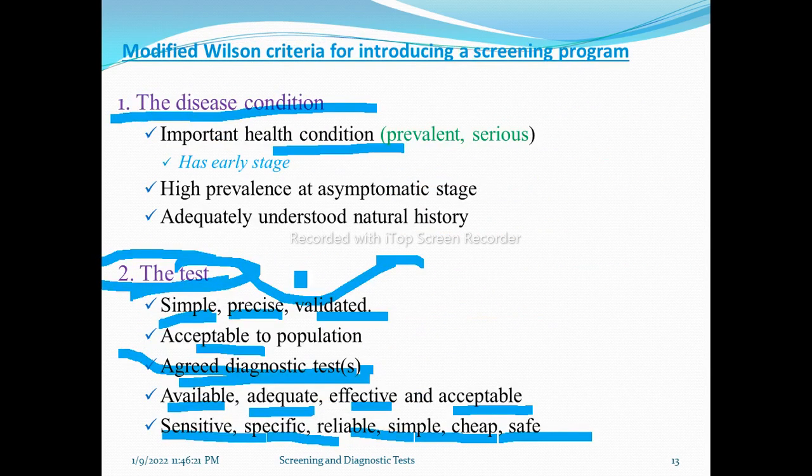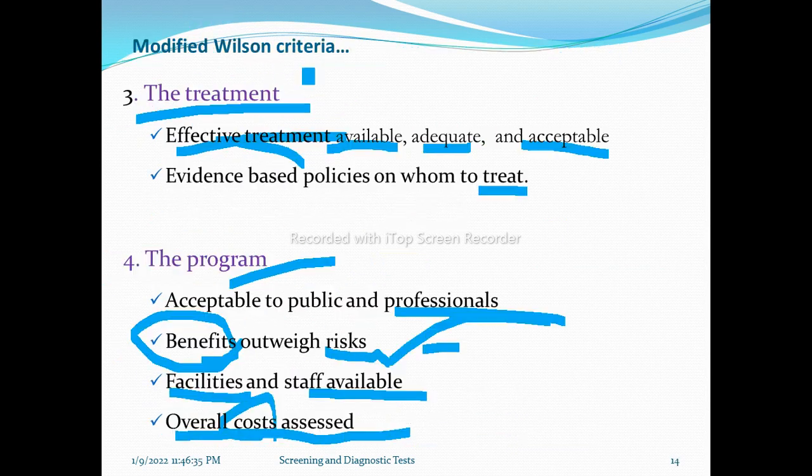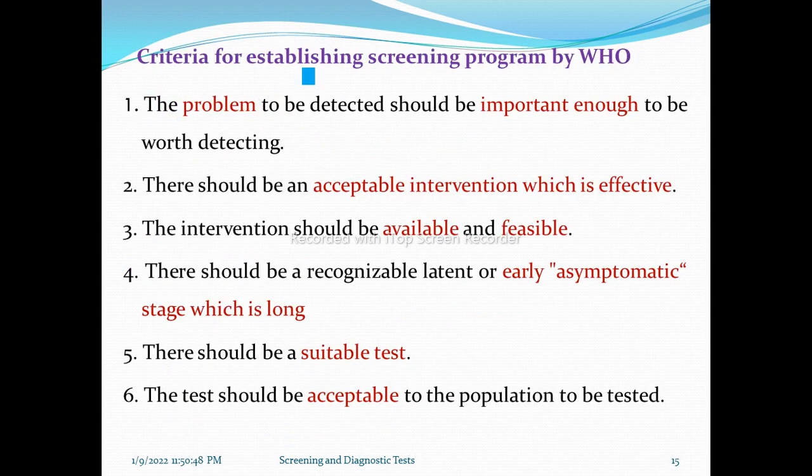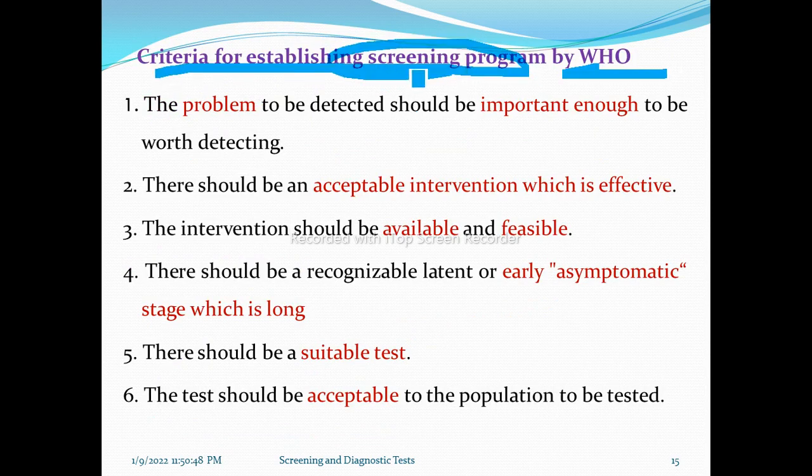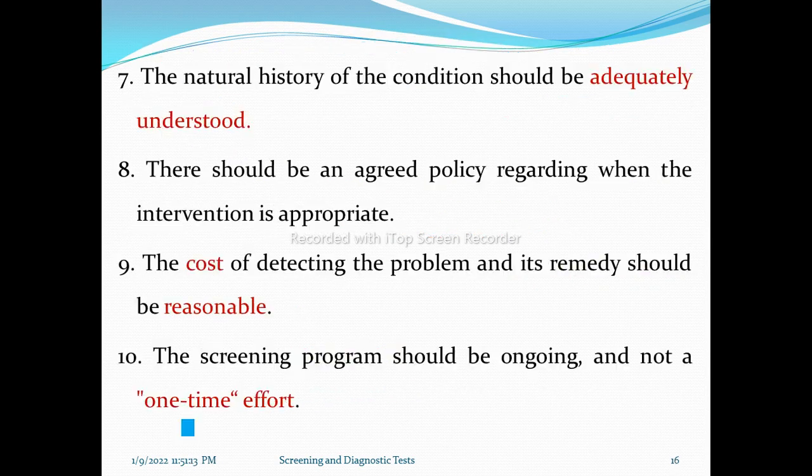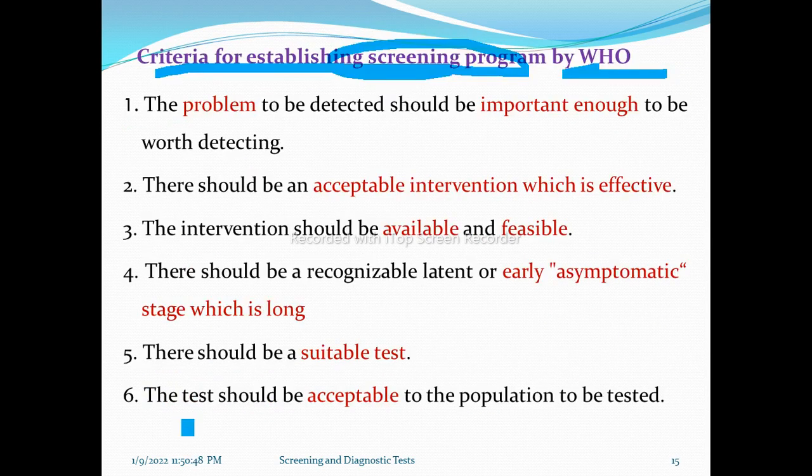Now these are the criteria, very important criteria which are applied most of the time, and this is known as Wilson criteria, but there is also WHO criteria. For your information and knowledge, we are adding this WHO criteria. The criteria for establishing a screening program should fulfill almost 10 criteria.